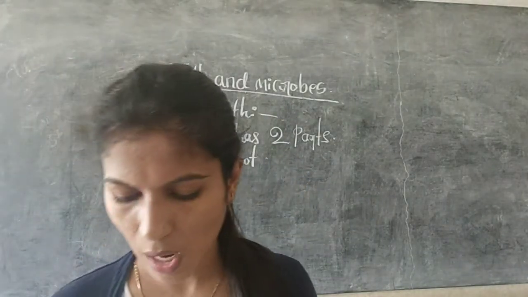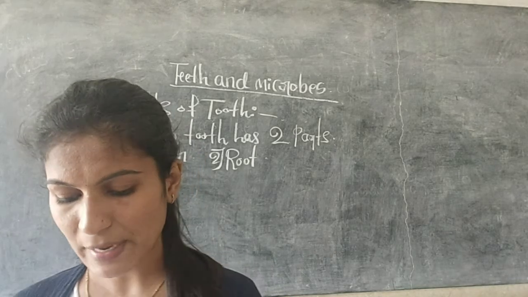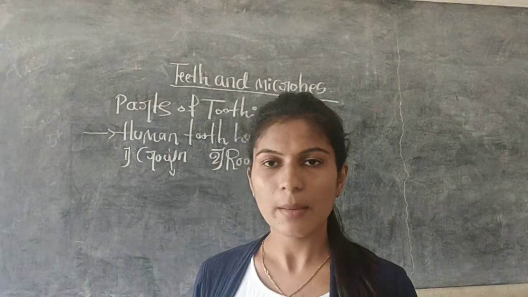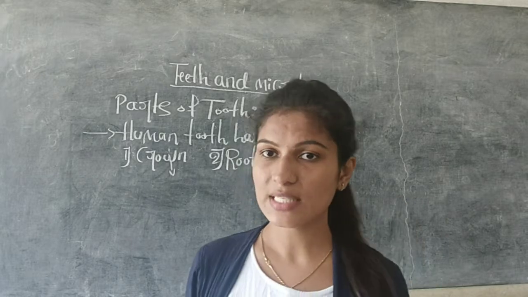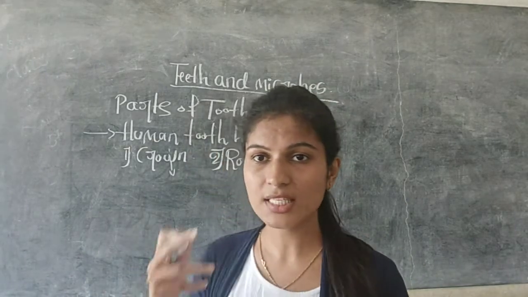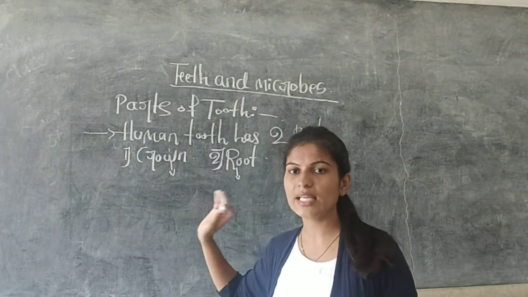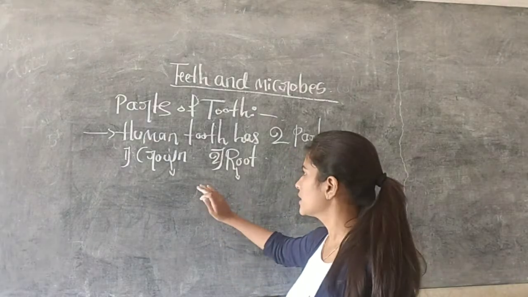That is called the crown, and the part of the tooth which we cannot see and which is present deep inside the gums is called the root. This is the difference between crown and root.